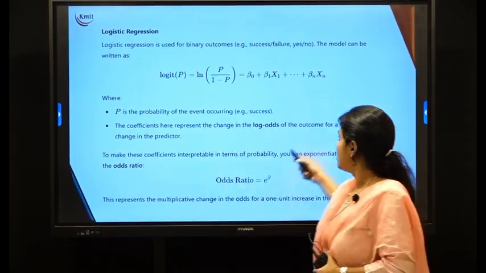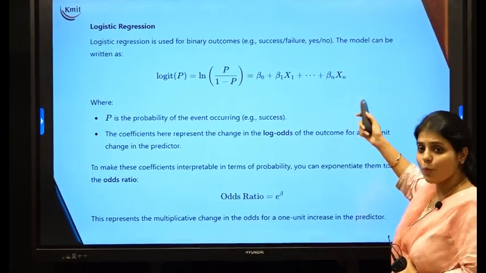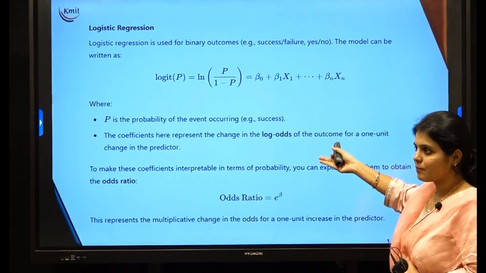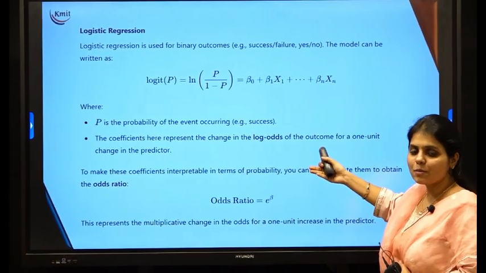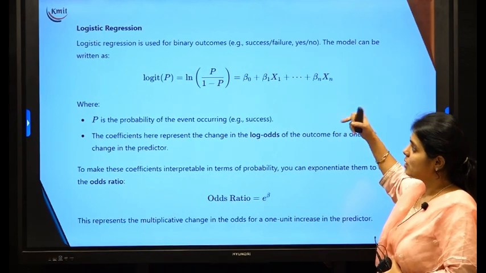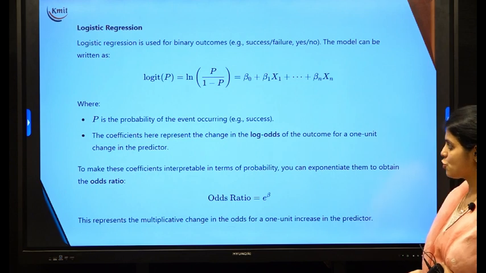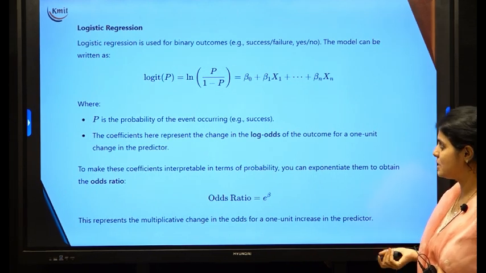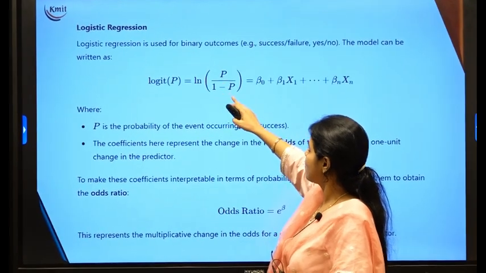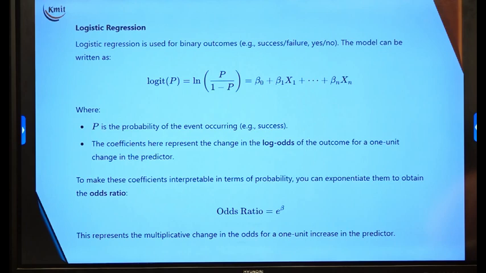It could be success or failure, yes or no, fail or pass, COVID is there or not, cancer is there or not. Depending upon that, we go for logistic regression, where we apply the log odds ratio, the probability of the event occurring. Here the coefficients are calculated with the logarithm of p divided by 1 minus p, where p represents the probability of the event occurring.